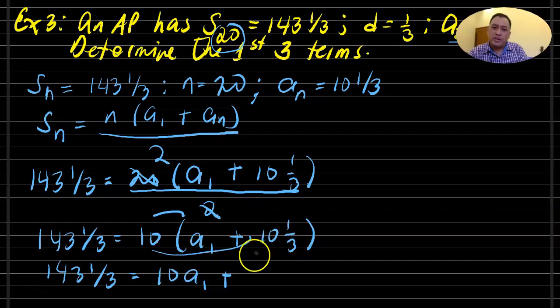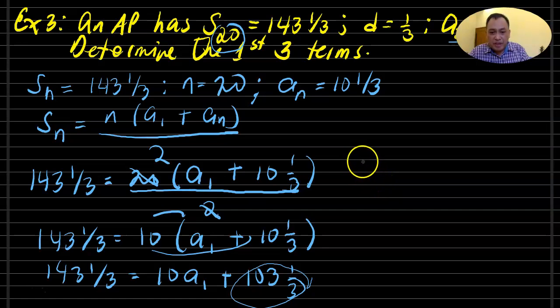That's 103 and 1/3. Okay, so what's going to be the next thing? We're going to put this part on that side. What's going to be left in here now is 143 minus 103, is going to be left 40. Yeah, 40 now is equal to 10 A1.